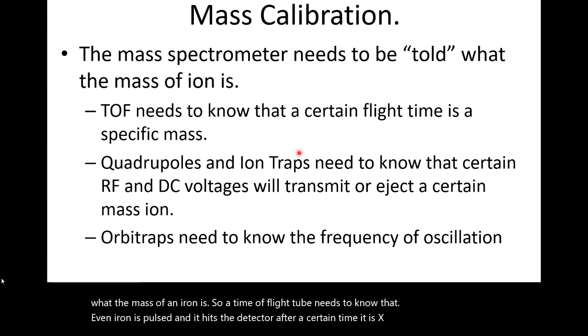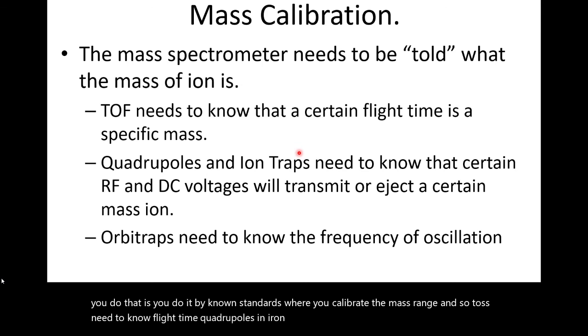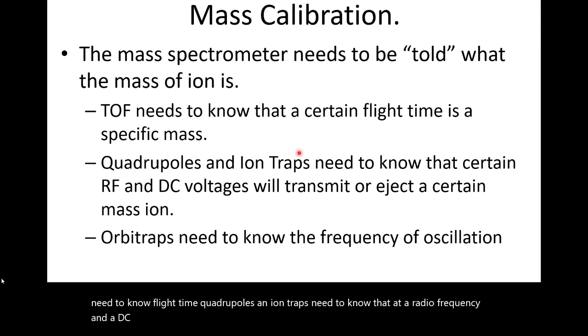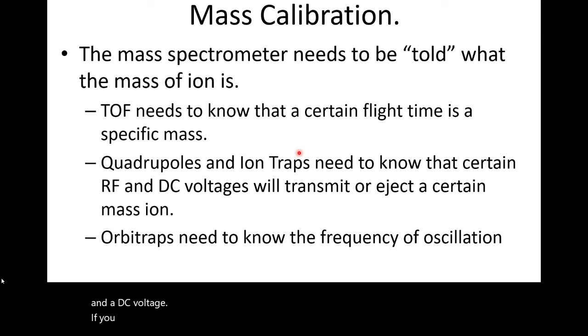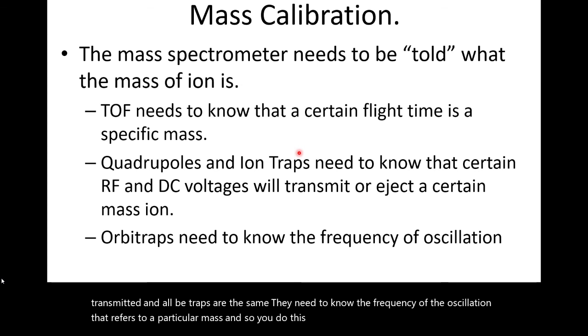And the way that you do that is by known standards where you calibrate the mass range. So TOFs need to know flight time. Quadrupoles and ion traps need to know that at a radio frequency and a DC voltage, if you detect an ion at the detector, it must have been this mass because it is what would be transmitted. And Orbitraps are the same. They need to know the frequency of the oscillation that refers to a particular mass. And so you do this by calibration routines.